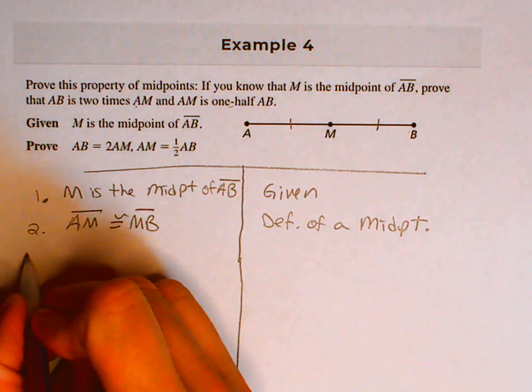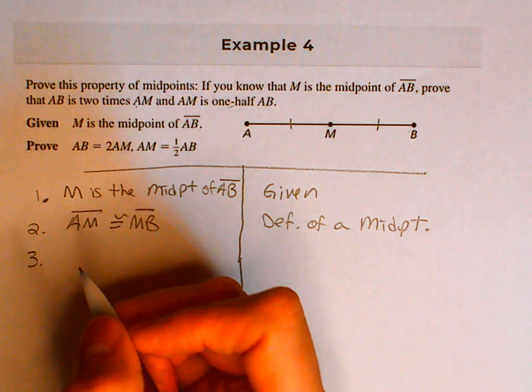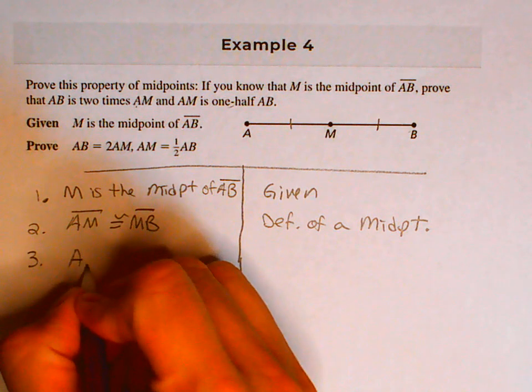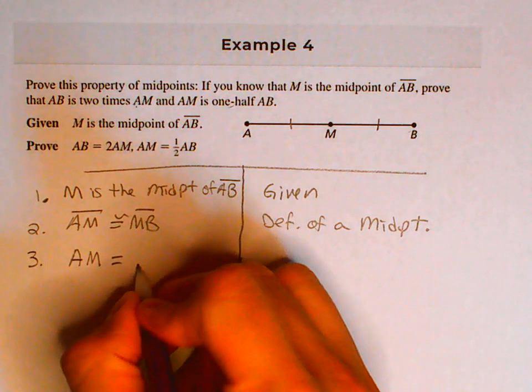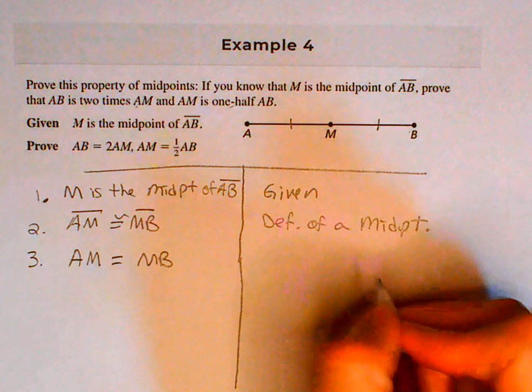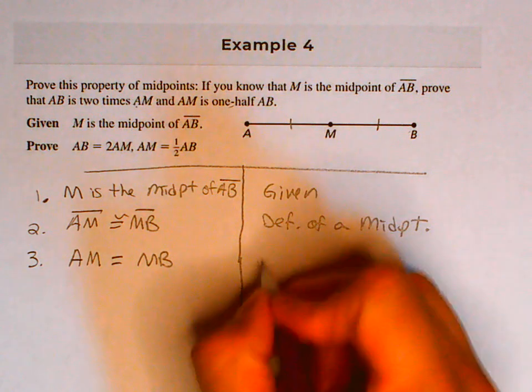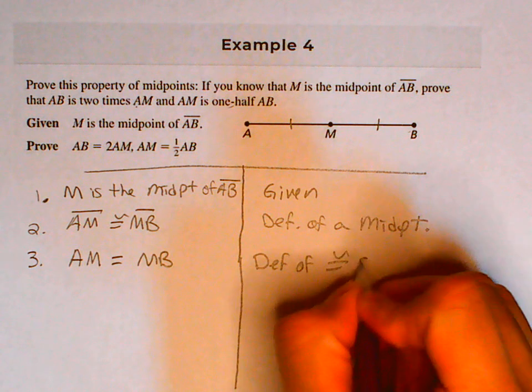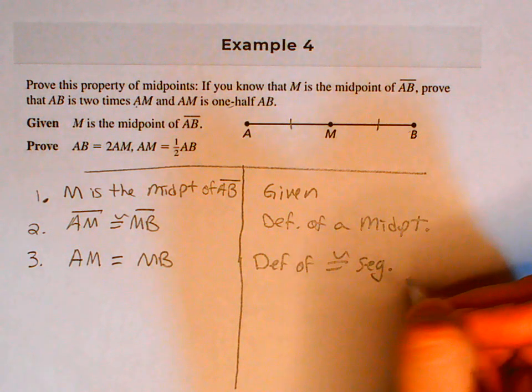Okay, so what's that going to do? Well, because those two segments are congruent, their lengths are equal. So AM equals MB. And this is because of the definition of congruent segments.